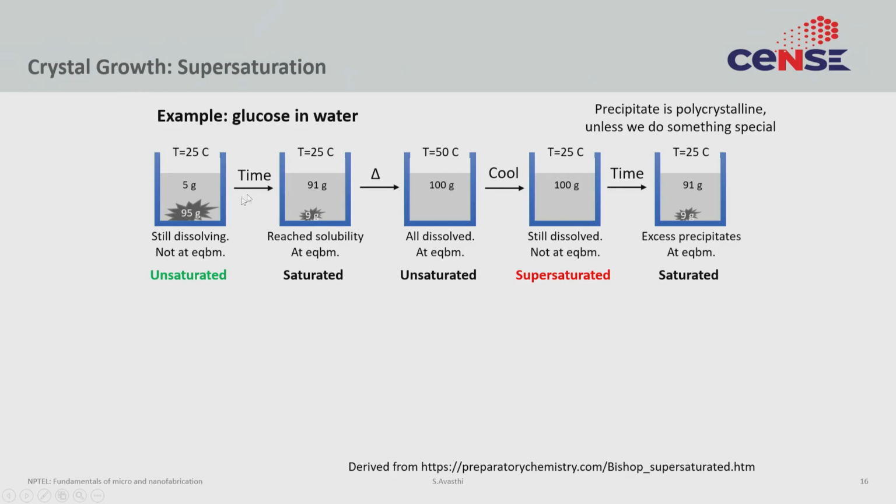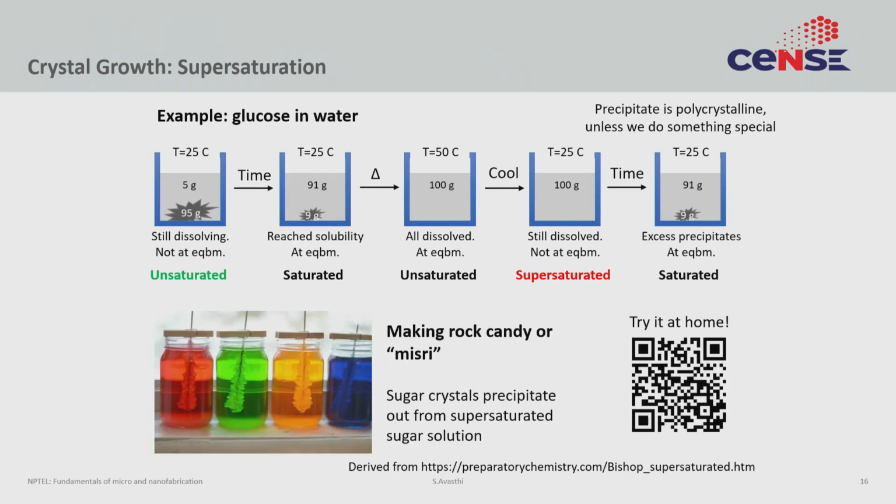Now, the process that we just looked at may be familiar to some of you. This is how we make mishri or rock candy. If you do not know what I mean, maybe this picture will jog your memory, but you can create these very fancy looking candies, which are essentially crystals of sugar with some color in it in this case. And this is the process by which you make them.